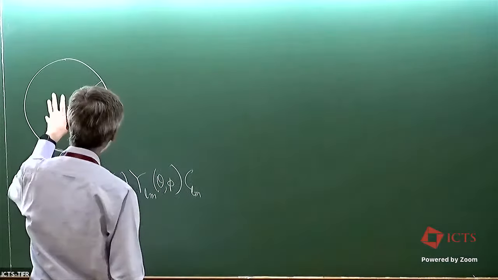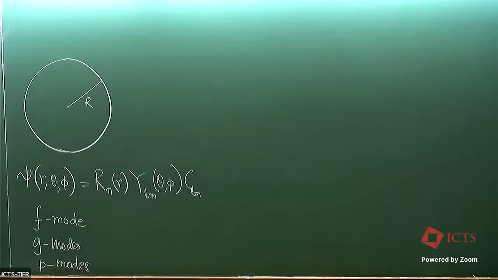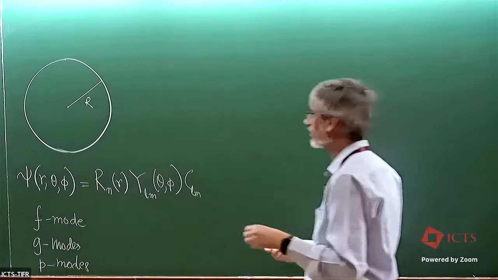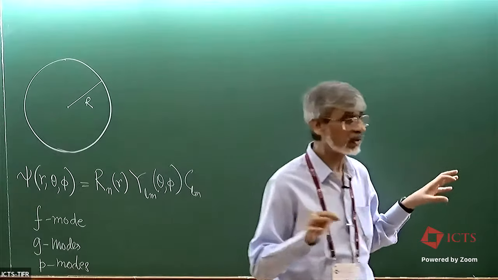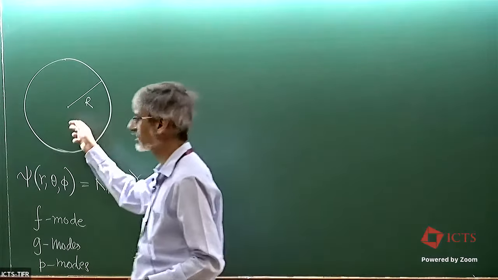Now, if you take two neutron stars and put them in a binary system of very short separation, then the neutron stars will feel tidal forces from each other. So you will get a tidal deformation of the neutron star, and that is stressing the material which is present here.